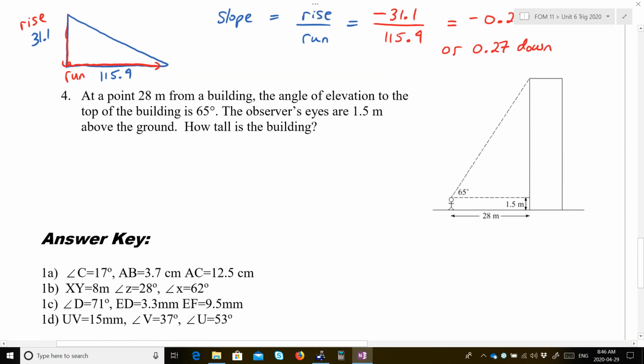All right, and finally number 4. At a point 28 meters from a building, the angle of elevation to the top of the building is 65 degrees. The observer's eyes are 1.5 meters above the ground. How tall is the building? Okay.